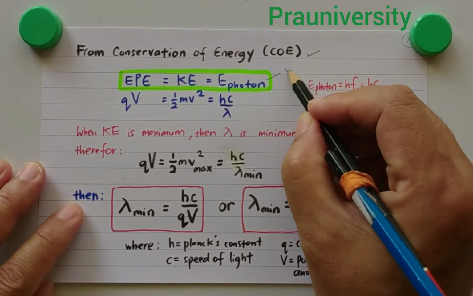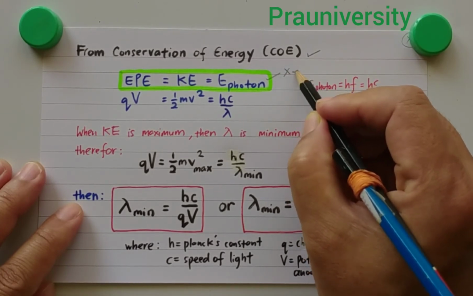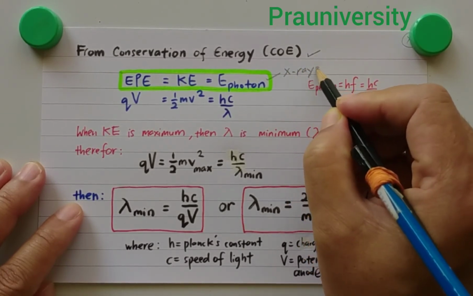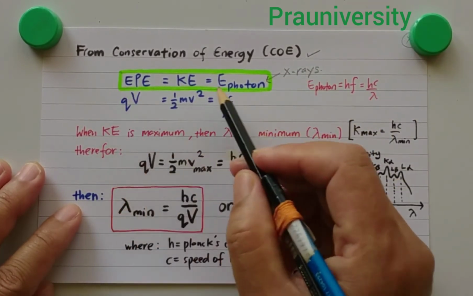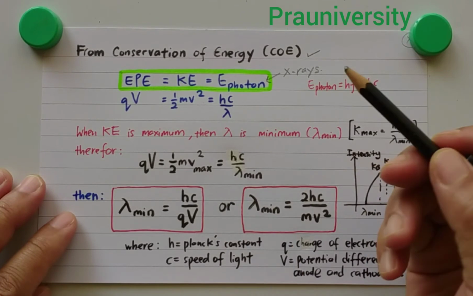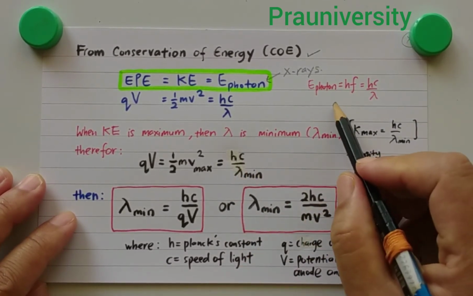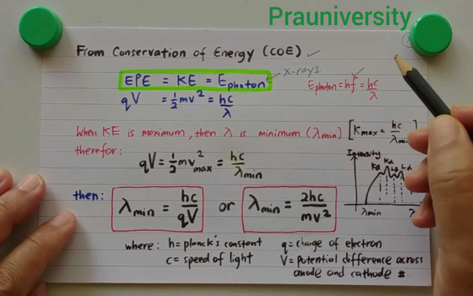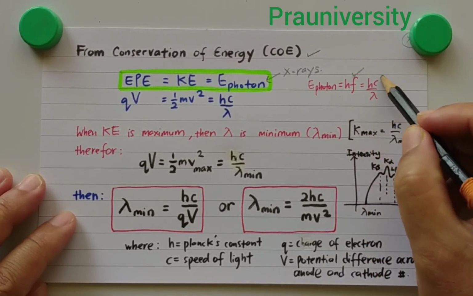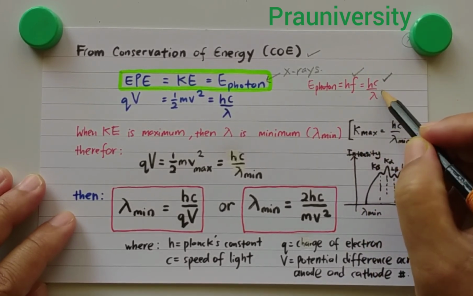So in this case, the energy of photon is your X-ray. Okay, that is from the conservation of energy. So the energy of photon we can write as E photon equal to hf, or we can change it as hc over lambda.